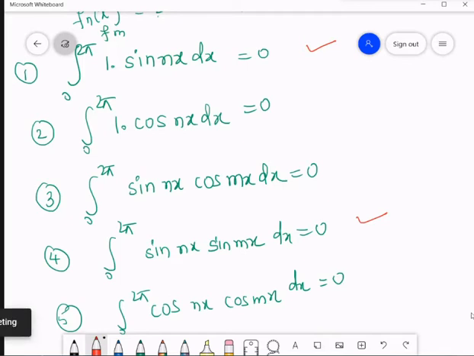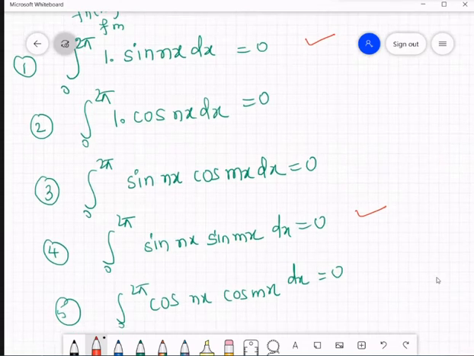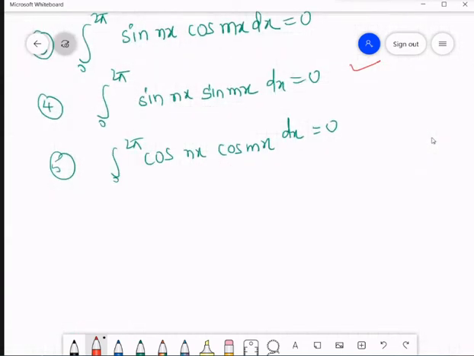Then the integrals for which we have to check the value 1. We have to check whether the integral from 0 to 2 pi of 1 square dx is equal to 1 or not.